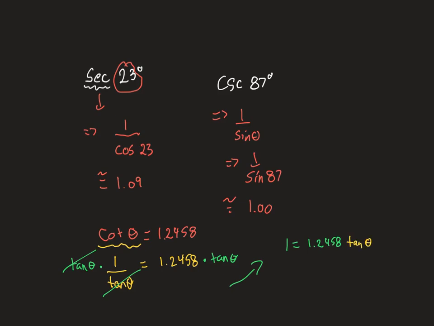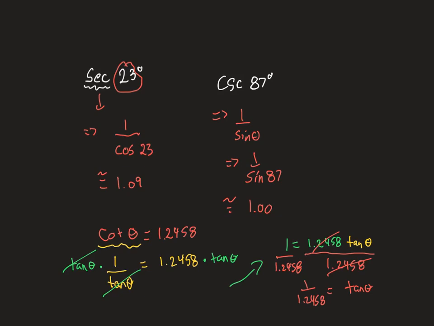tan theta. Once again, I'm still trying to get it by itself, so I need to divide both sides by 1.2458. Which will get rid of this, leaving me with tan of theta is equal to 1 divided by 1.2458.